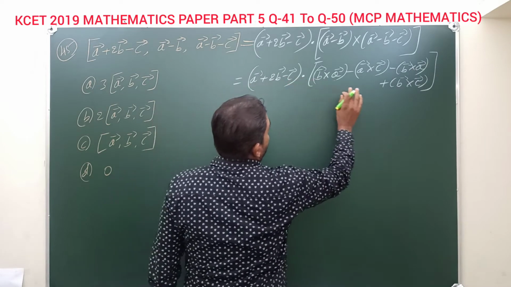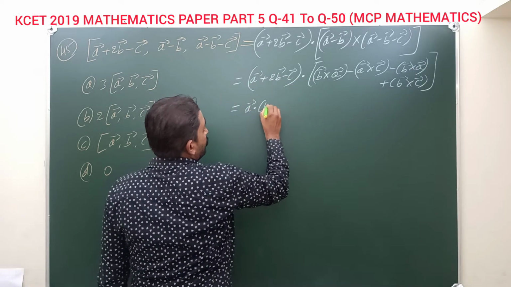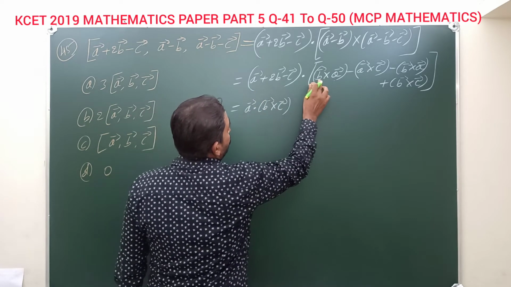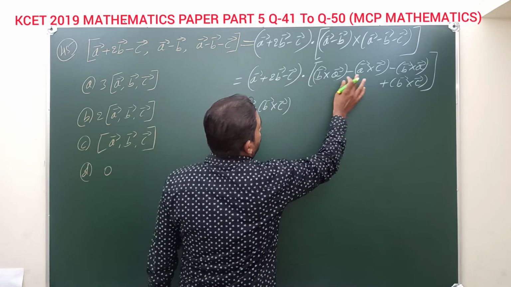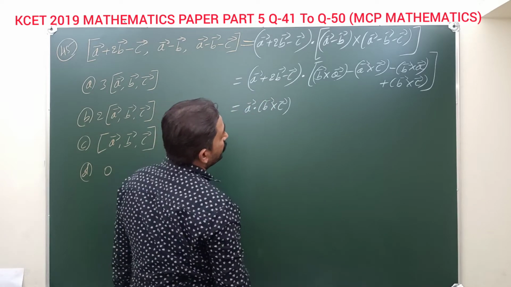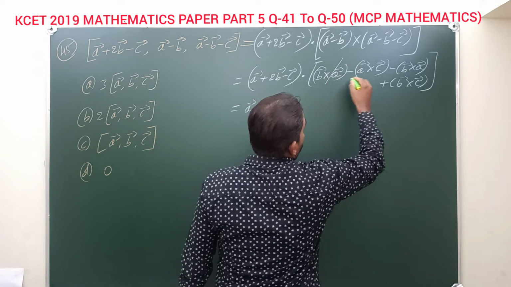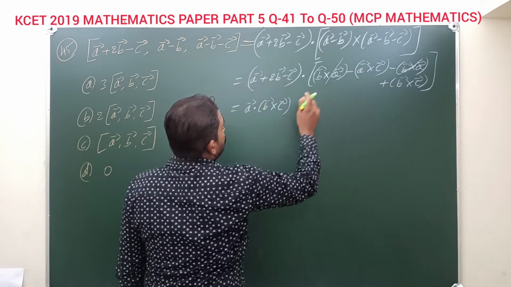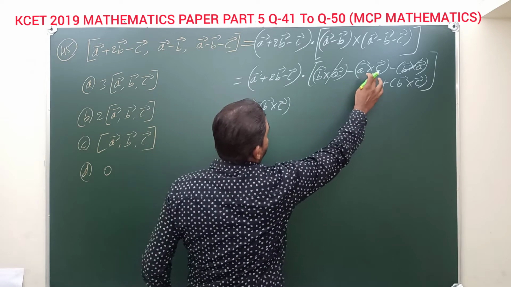So A dot, in this case, B cross C first: A dot B cross C. Next plus 2B, B is repeated 2 times, it is 0. Next B dot A cross C plus into B dot A cross C. So here the B cross A terms cancel each other. Next plus into minus, minus 2 into B dot A cross C in this case.